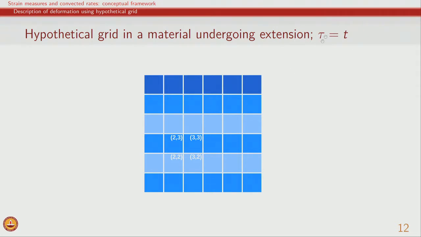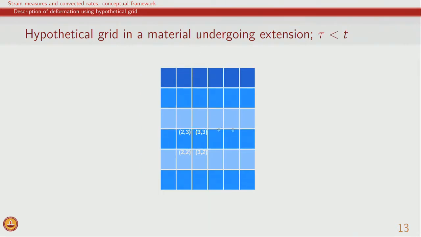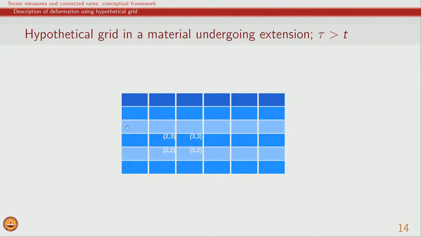So, again at time present we have the same set of 4 points which because of extension will get extended in x direction and contracted in y direction. So, at some time in the past in the y direction the length was much longer, while in the x direction the length was less, or at some time in the future the x direction length is going to be much larger and the y direction or the x2 direction length is going to be much smaller.